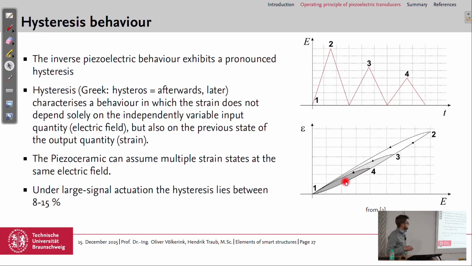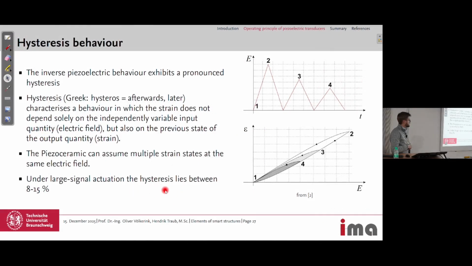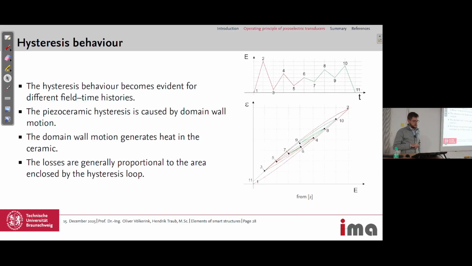You can see that the area under the curve is also smaller if we apply smaller fields. And under large signal actuation, the loss in the hysteresis lies between 8 to 15% of the energy we put into the material due to the electric field.